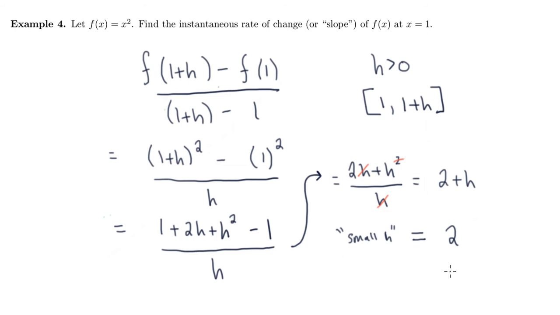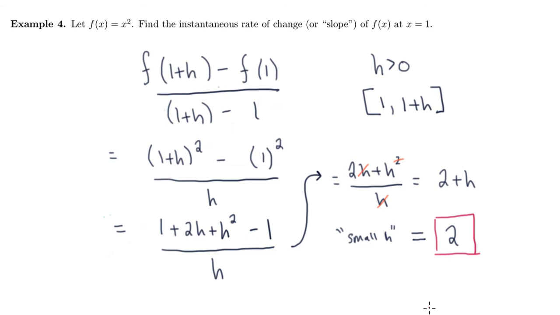We're going to do this with a lot more rigor later on. But if h is really, really small, so in other words, if I'm taking the average rate of change over an interval that's really, really close to 1, then it looks like the rate of change is getting close to 2. And so what we'll conclude is that the instantaneous rate of change is equal to 2.